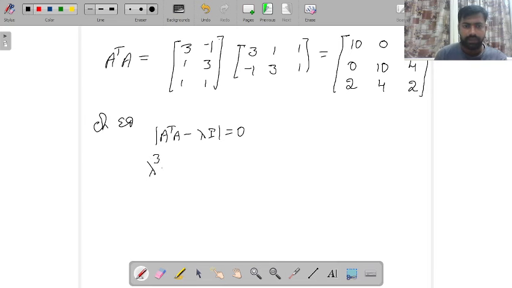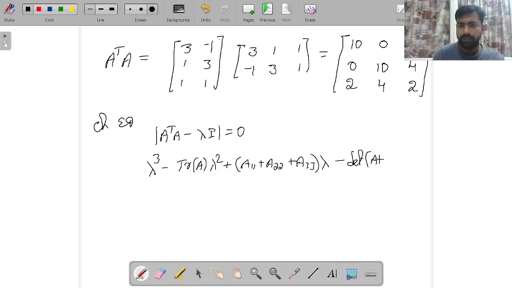This is lambda cube minus trace of A into lambda square plus sum of the cofactors of the diagonal entries into lambda minus determinant of A transpose into A equal to 0.